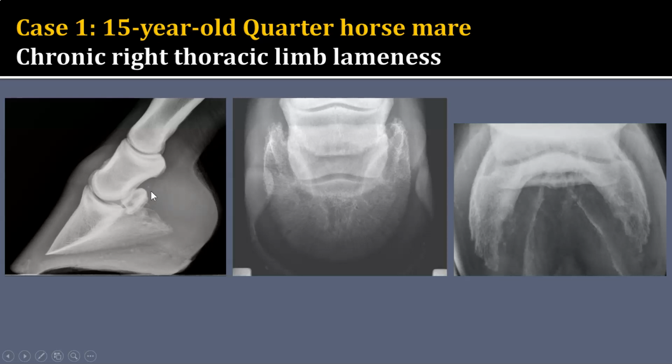A small focus of mineralization is here on the lateral view proximal to the navicular bone, and that may actually be within the suspensory or collateral ligaments of the navicular bone. It's too dorsal to be within the deep digital flexor tendon. I don't see any changes of laminitis in this patient.